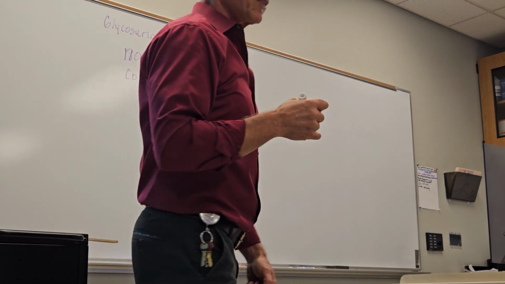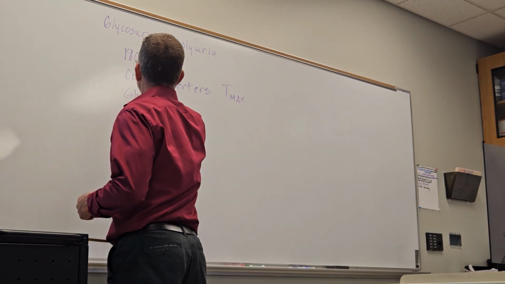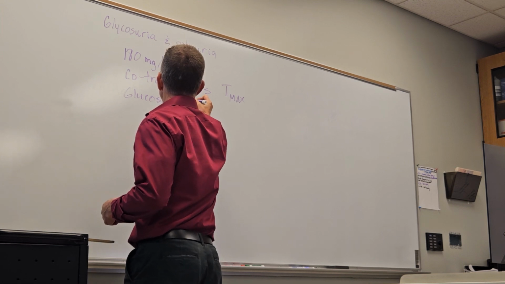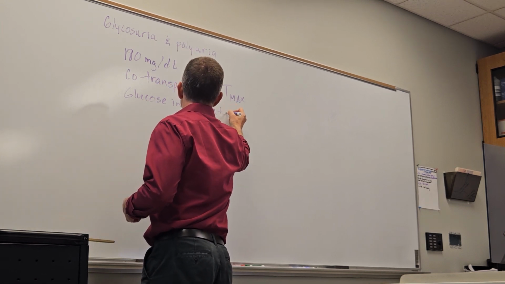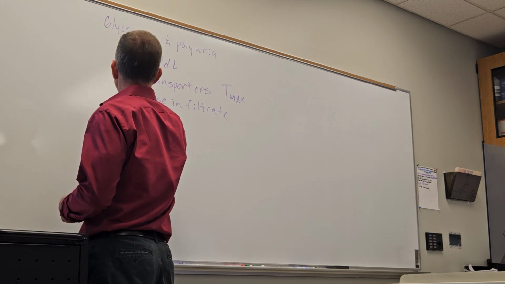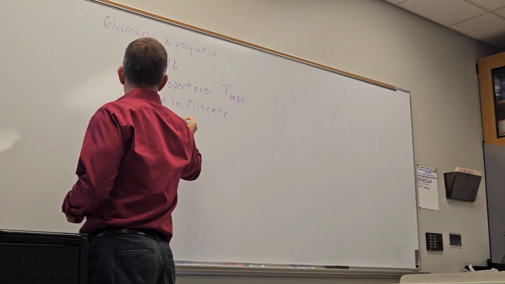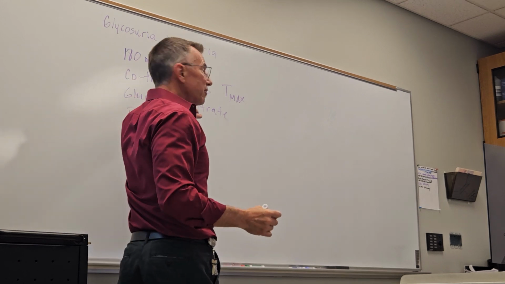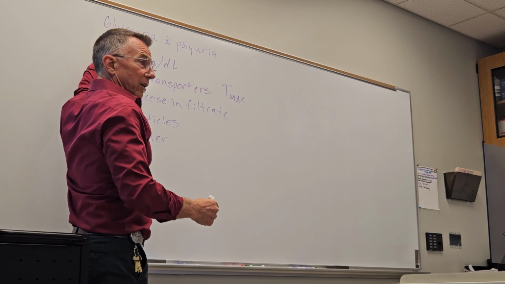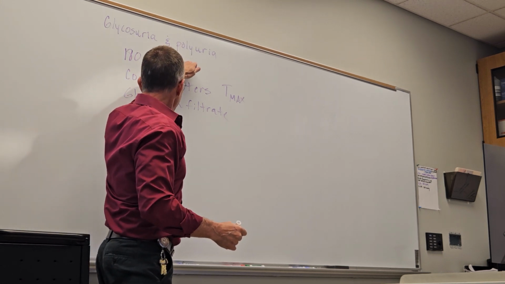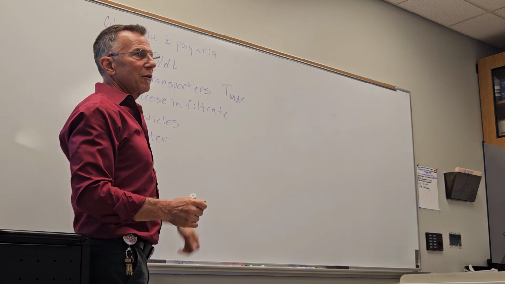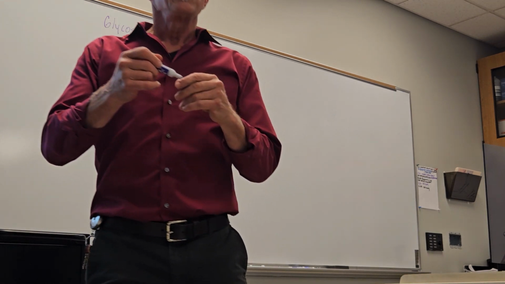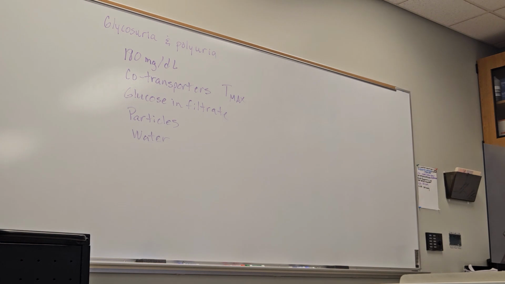This leaves glucose in the filtrate. Glucose is a particle which attracts water. So glucose in the filtrate is glycosuria, and polyuria is water being attracted to those particles. Do you see how all those little components come together to explain from a physiological viewpoint glycosuria and polyuria?